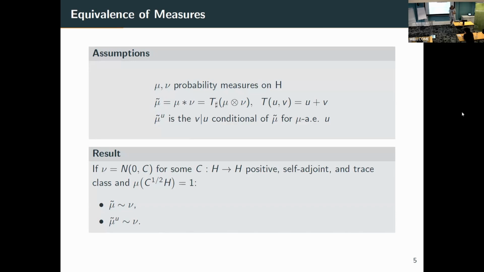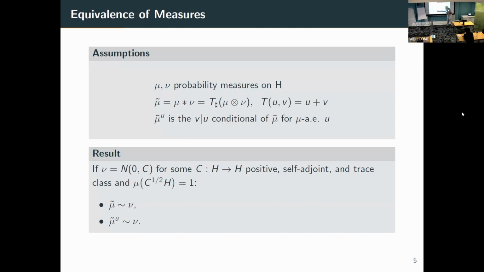This lives on a smoother space, right? But it will be equivalent to the perturbed one. And moreover, every single conditional of the perturbed measure is also equivalent to my perturbing measure. Okay, so both of these will be crucial.